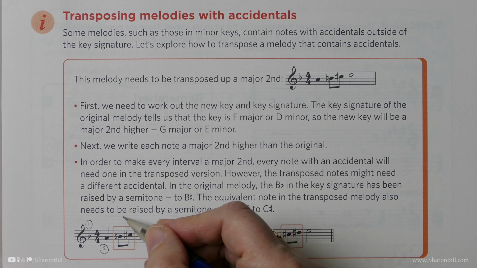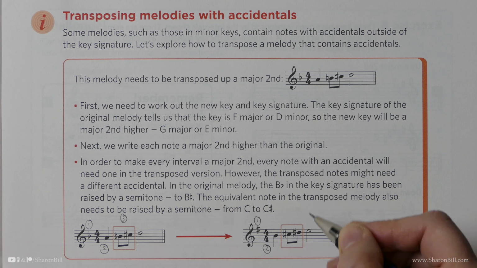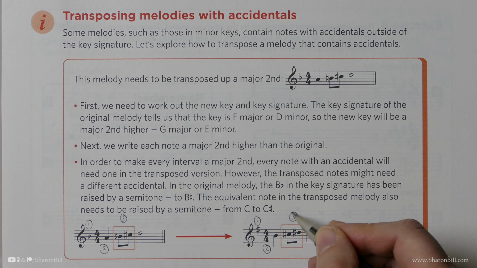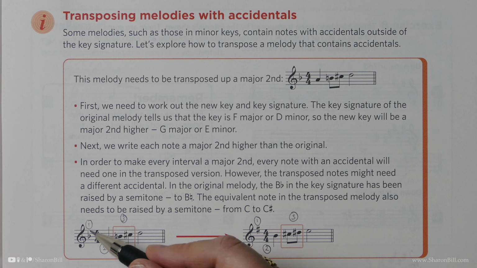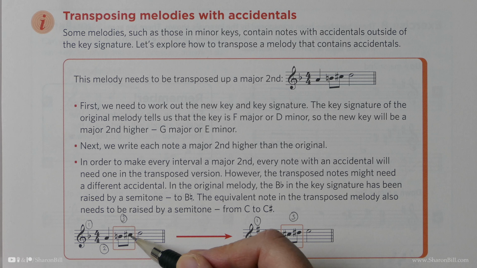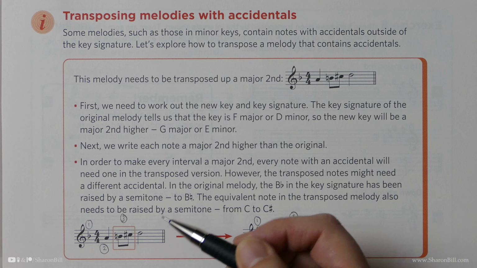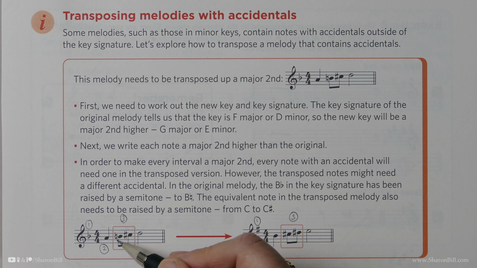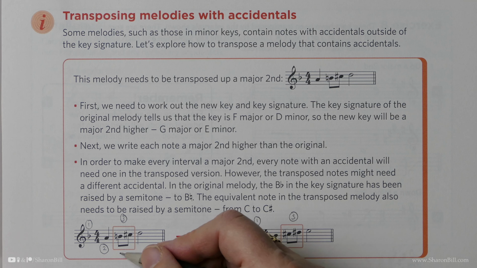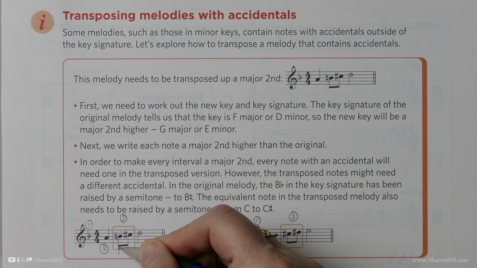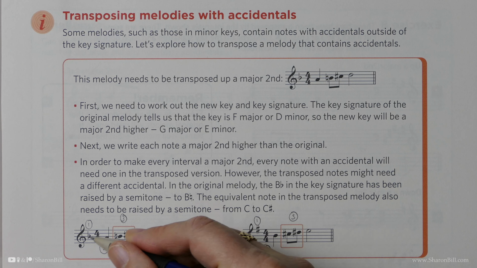But now we have a third step where we need to adjust the accidentals. And so here we can see that the B flat has been made natural and the C, which would be natural in the key signature, has now been raised by a sharp. Now it doesn't always help to just think natural or sharp. You can't just translate and copy those accidentals because we need to think instead, this has been raised from a flat to a natural.